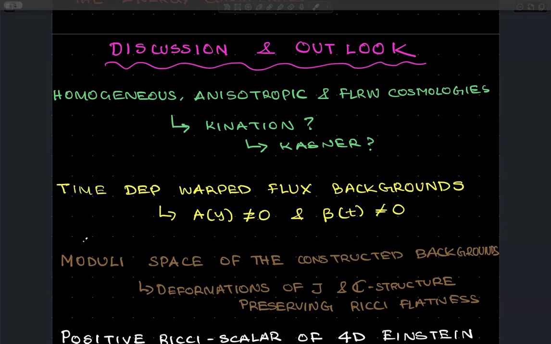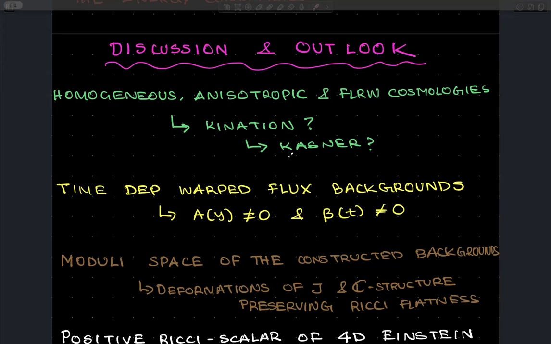One question to ask is whether there is some kination type story going on. So we checked the Kasner condition. So you can have at late time some Kasner-like solutions. However, I say Kasner-like because you can only satisfy one of the Kasner conditions. The second one is not satisfied in this setup.